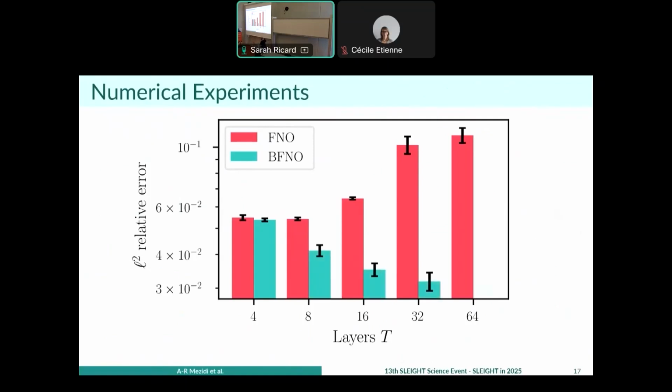However, for our architecture, the Bregman Fourier neural operators, we see that by increasing the number of layers, we are able to observe better performances. So our model shows some scalability.